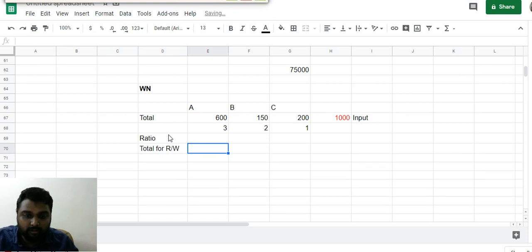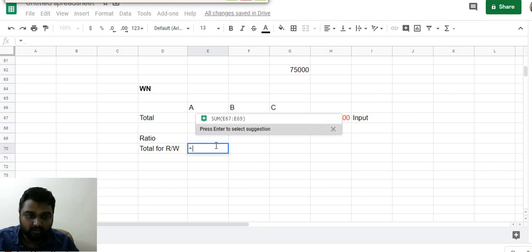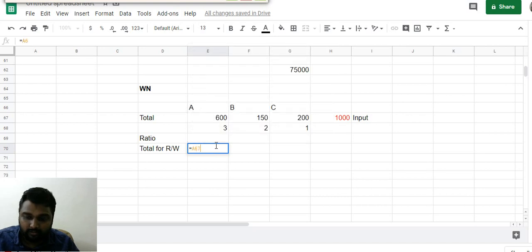Total for raw material will be 600 into 3, which comes to 1800.